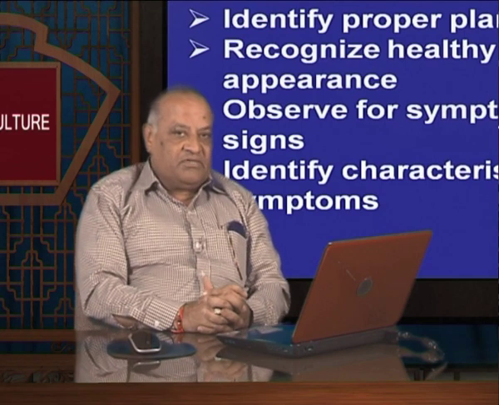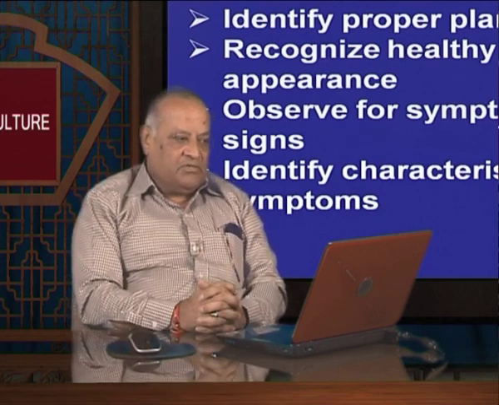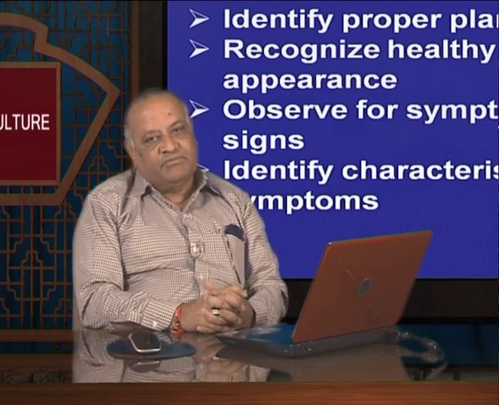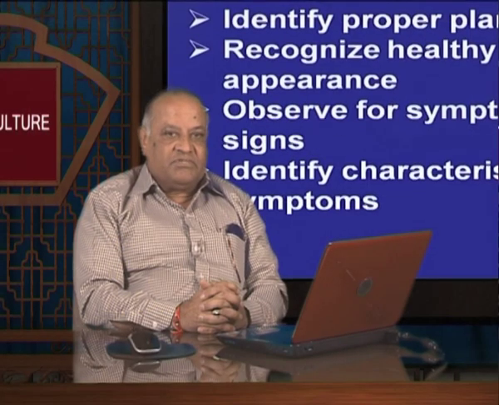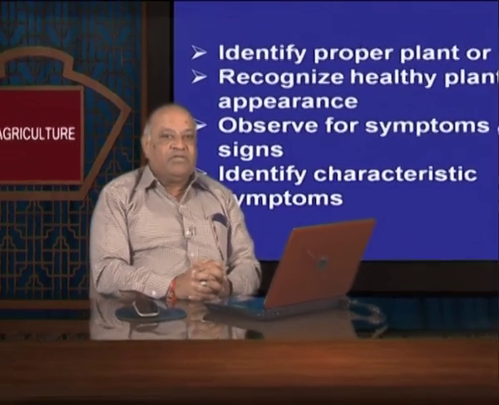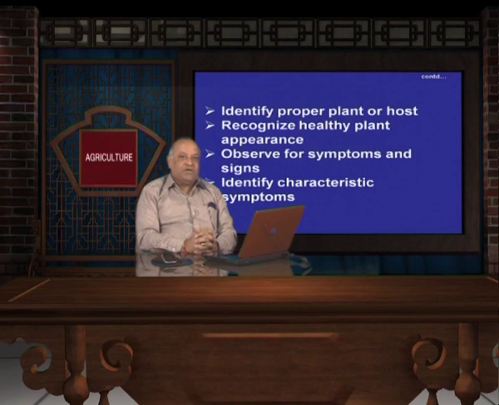If we discuss the different aspects of diagnosis in plants, the first step is to identify the proper plant or host. We should know about the plant which is diseased, because by knowing the plant we can find out what type of diseases are affecting it.